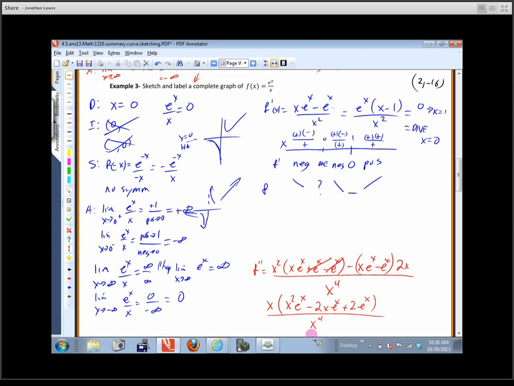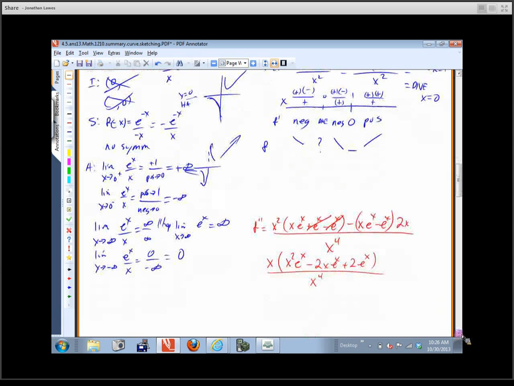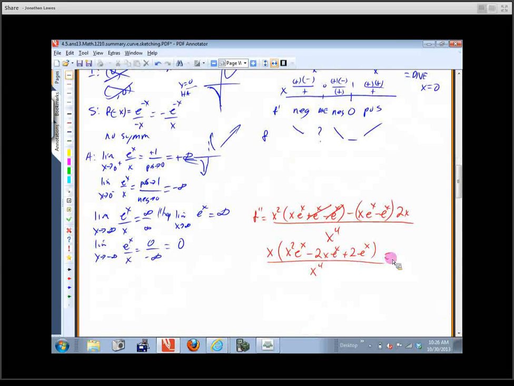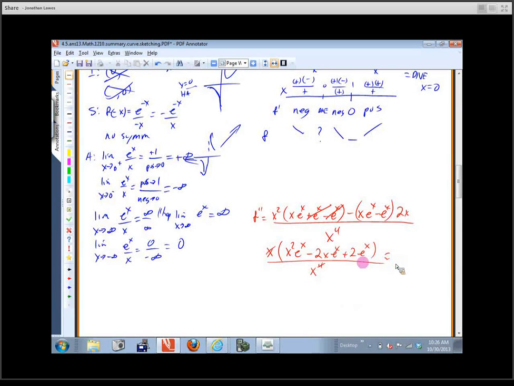Good there? So let's simplify this. I can cancel this with that, and I can take out an e to the x, right? So I get e to the x, I get x squared minus 2x plus 2 over x to the third.